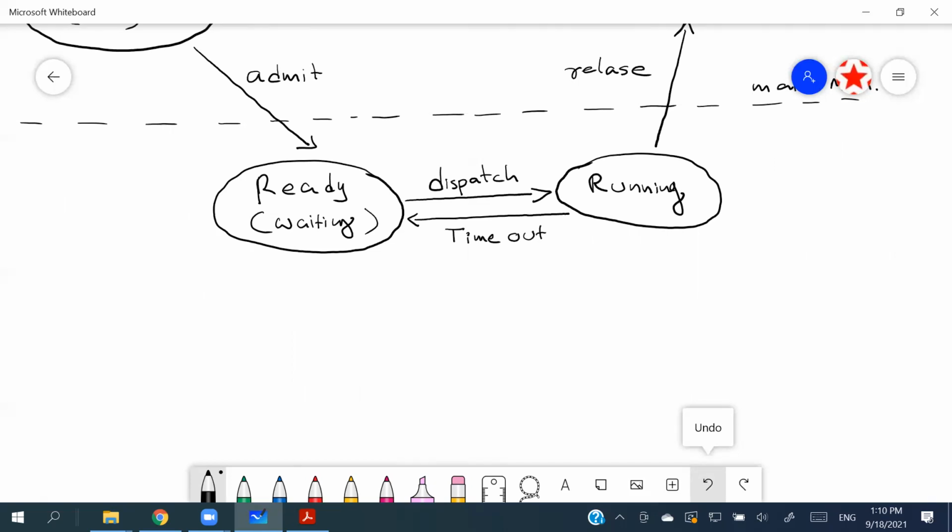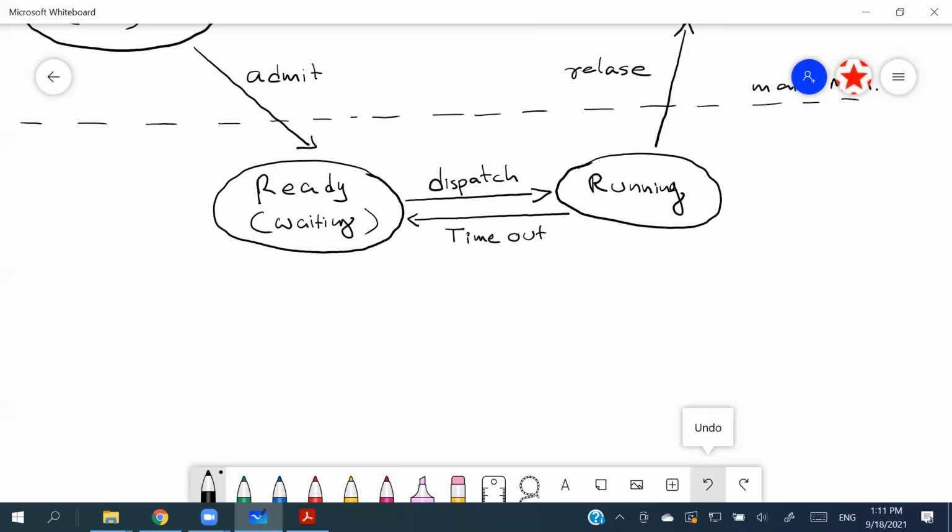When a particular process is running, sometimes it may require things from an input/output device. When that happens, the process has to stay without doing anything inside the CPU, as we talked about last time. The operating system does not like this. The operating system always likes to see someone running inside the CPU. If someone is idling, the operating system will swap that idling process into the RAM again.